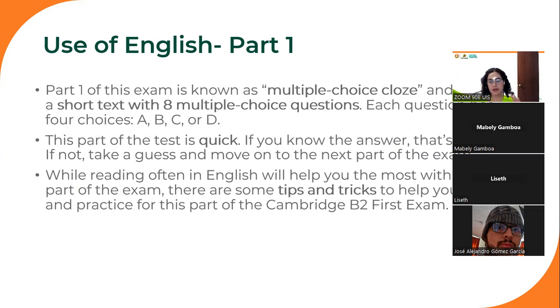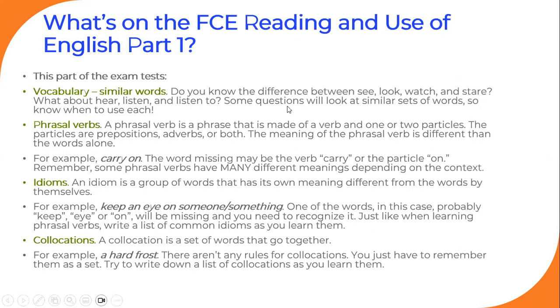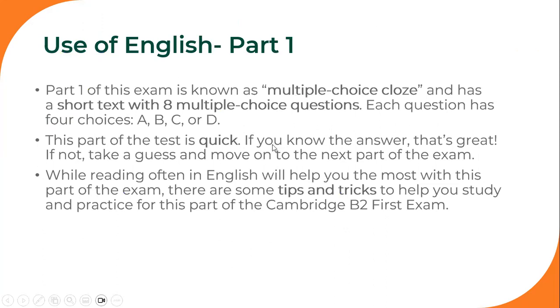So this part, number 1, is known as the multiple choice cloze, okay? So this means that in the short text, you are going to find 8 multiple choice questions. Each question will have 4 options, A, B, C, or D, okay?